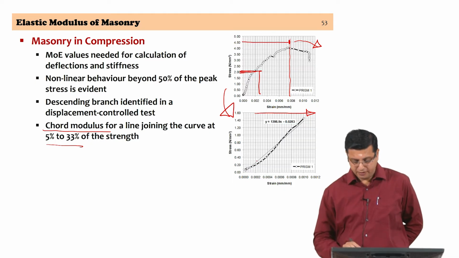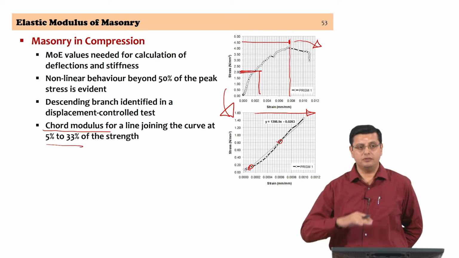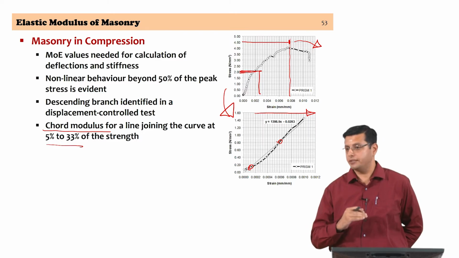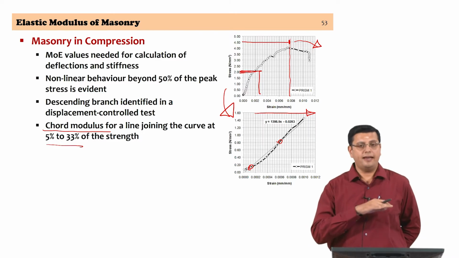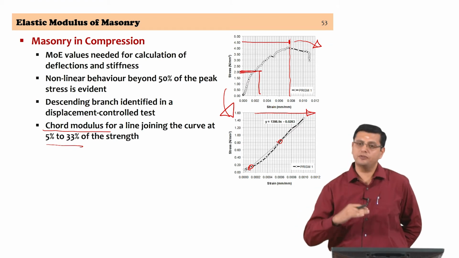The reason why we look at about 5% of the peak stress is simply because this is a composite. You have the brick unit and you have the mortar joint. You can have some voids that form between the mortar joint and the unit itself, and as you start loading, there is a certain rearrangement of the entire system because of the initial load.